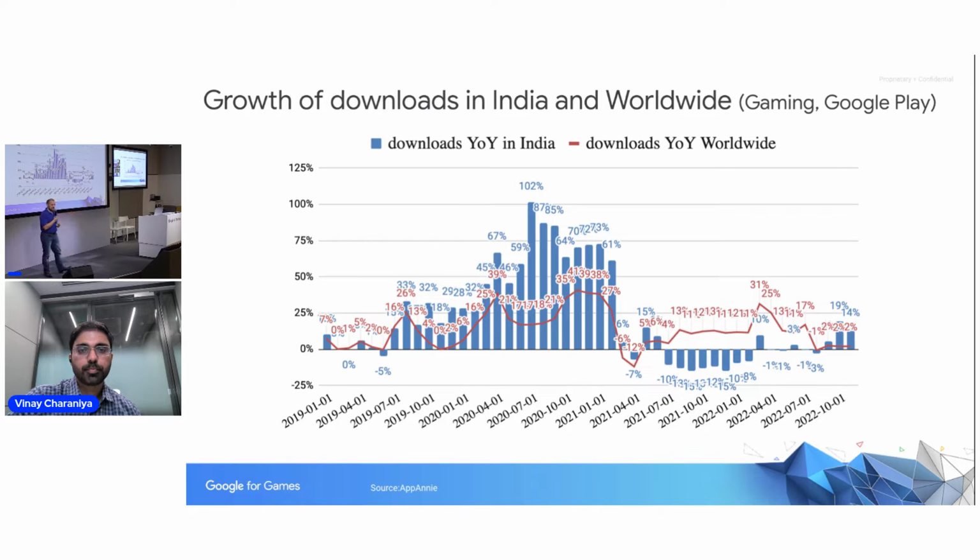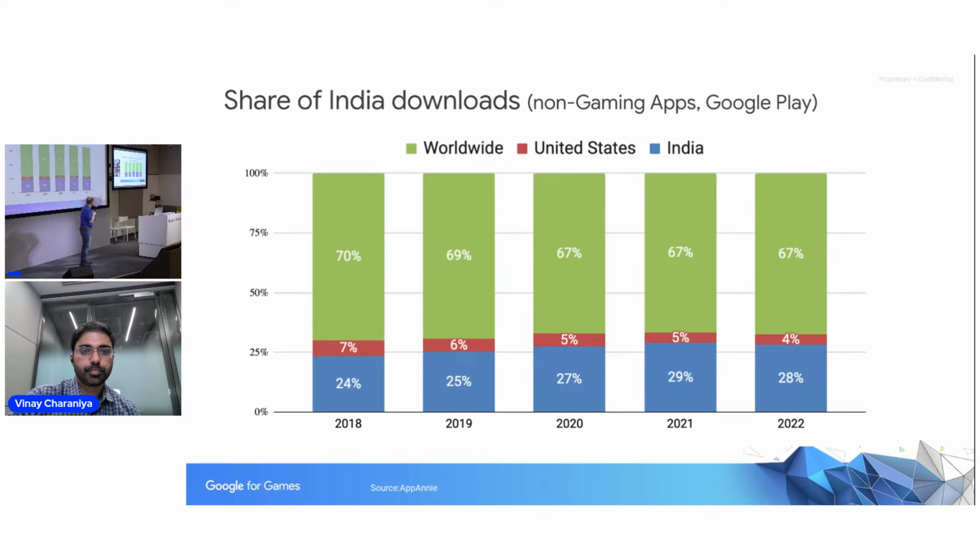Then again, if we look at the last months, the blue chart, which is India, is much higher than average. So in this case, we see that downloads in mobile games in India again are growing at a much higher pace and growth rate than in other countries. That's happening not only in games, but it's happening in non-gaming apps as well.